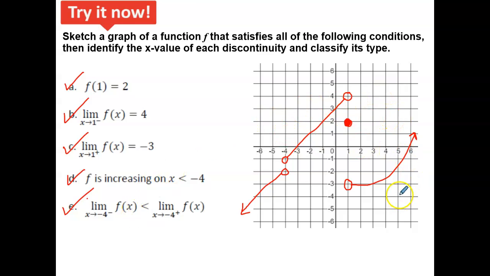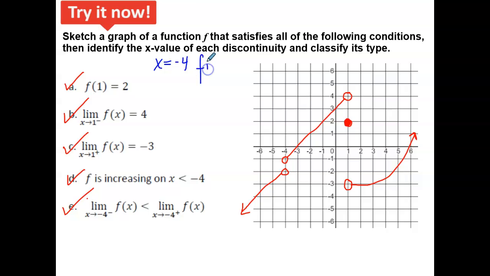You may have made a different graph, and that's fine, as long as you satisfied all the conditions and can go back and identify each type of discontinuity. So here at x equals -4, we have a finite non-removable discontinuity.